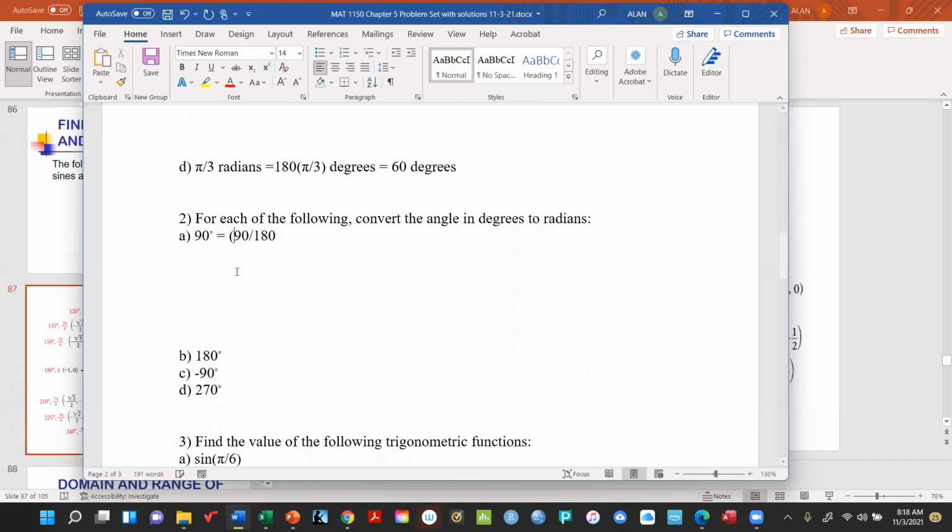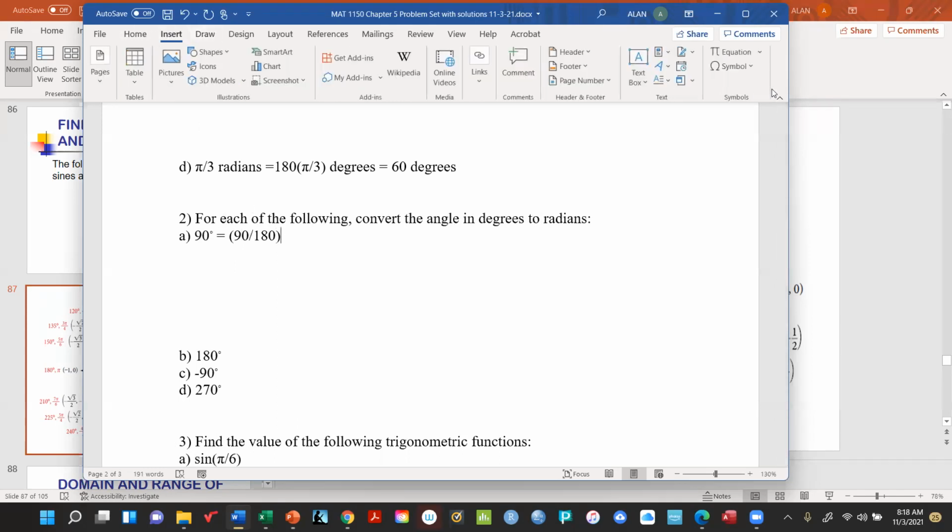Don't forget the pi. And that equals 1/2 pi radians, or pi over 2.